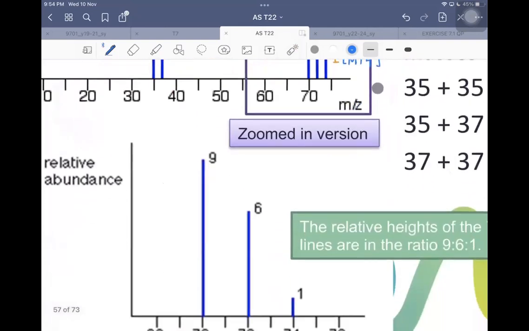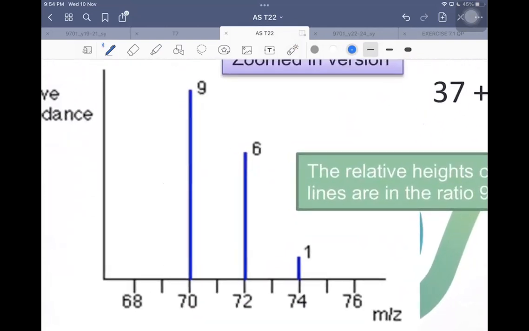So here you have the zoomed in version, 9 to 6 to 1. How to see this? Well, I'm not great at drawing this. So that's 1, 2, 3, 4, 5, 6. There are 6 times of this line.